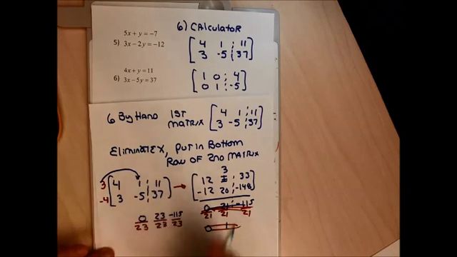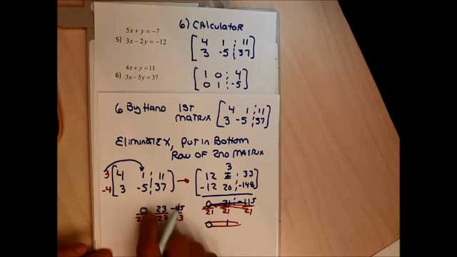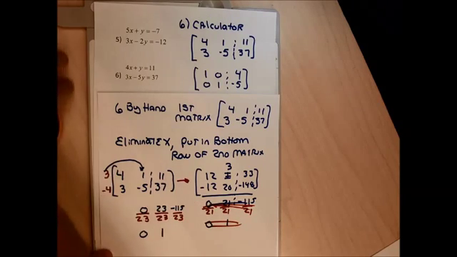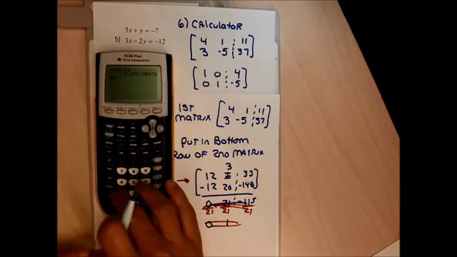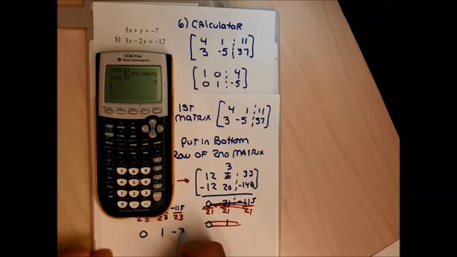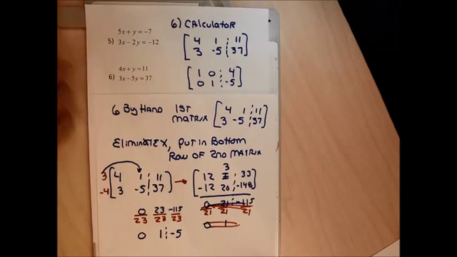So I went back and found my mistake before I got too far. So now my bottom row is going to be 0 divided by 23 is 0, 23 divided by 23 is 1, and then negative 115 divided by 23 is negative 5. So in my second matrix, I'm going to put that as its bottom row. So ready to write my second matrix down.